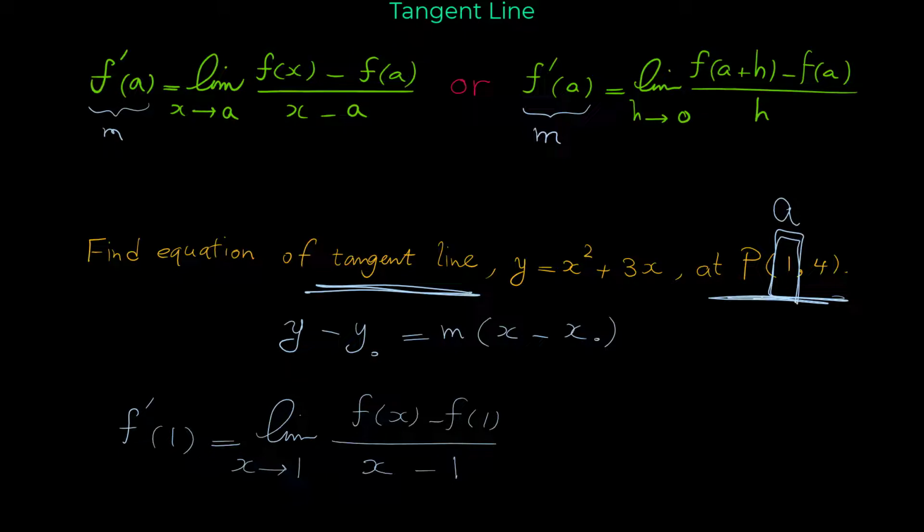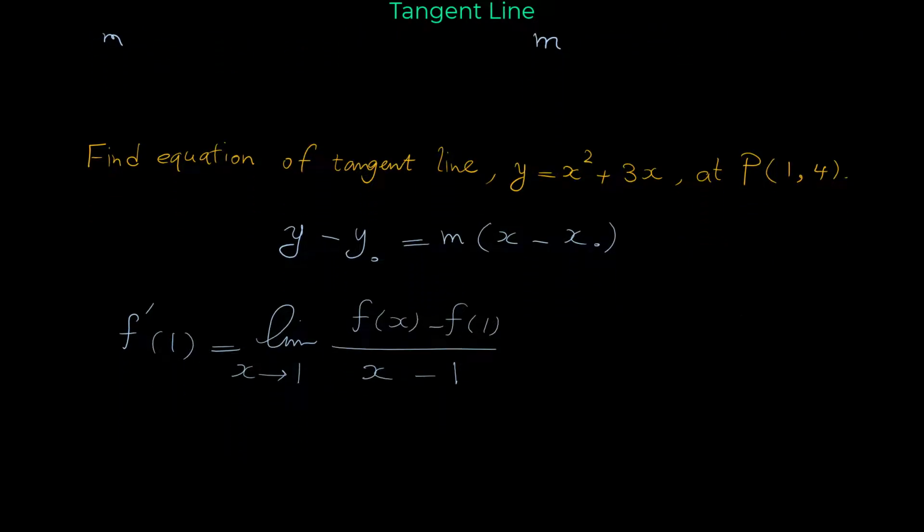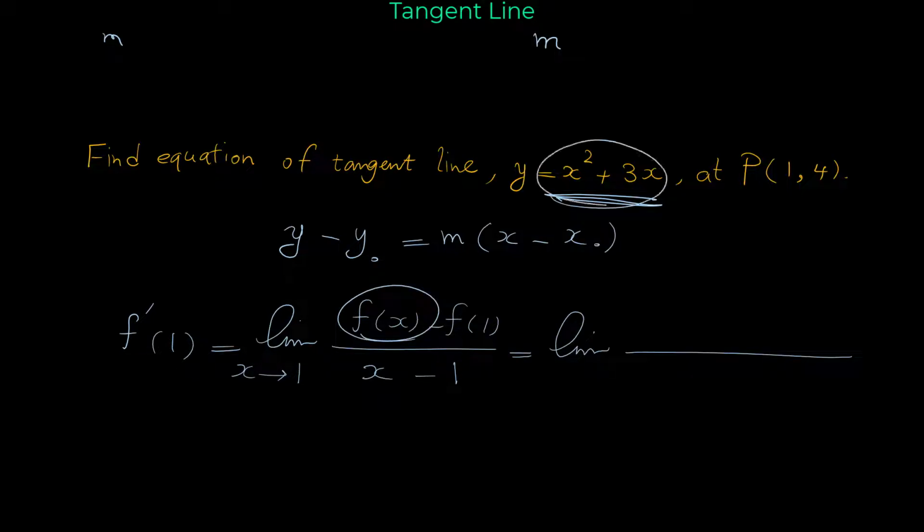Let's start to find this limit. What is f of x in this question? f of x is x squared plus 3x. So we are going to replace f of x with this expression, minus f of 1. What is f of 1?